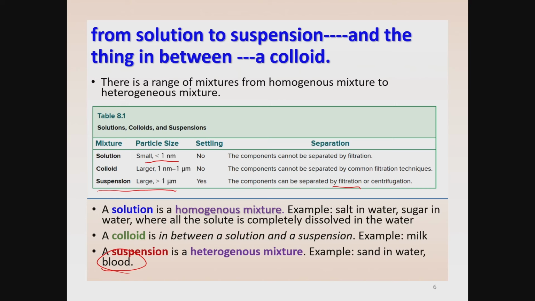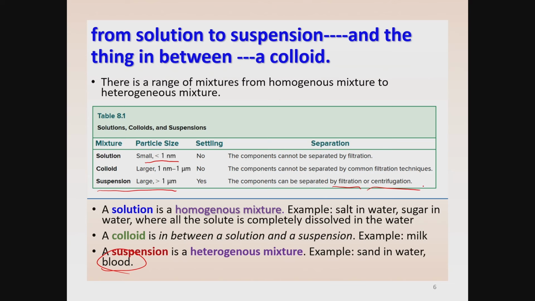But what's interesting about blood is not only are there salts well dissolved in the water of blood, but there are actually a lot of cells in the blood, which are red blood cells, white blood cells, and platelets that really in no way dissolve in the water. In fact, what they'll do is they'll settle out from the blood solution if you wait enough time. So blood is considered a suspension. So with blood, you can remove the cells by filtration or you can remove them by centrifugation.